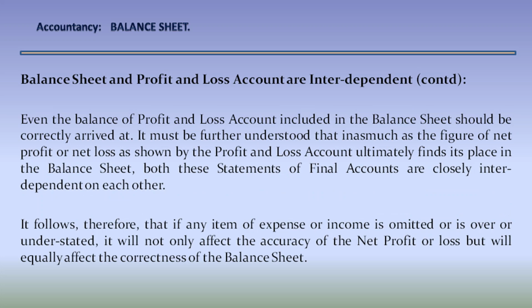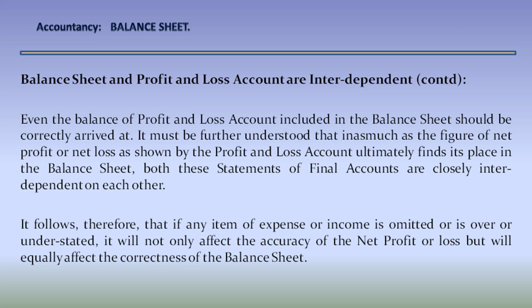Even the balance of profit and loss account included in the balance sheet should be correctly arrived at. It must be further understood that inasmuch as the figure of net profit or net loss as shown by the profit and loss account ultimately finds its place in the balance sheet, both these statements of financial accounts are closely interdependent on each other.